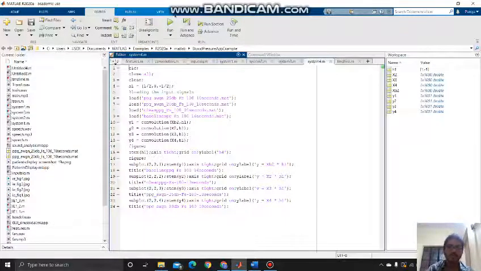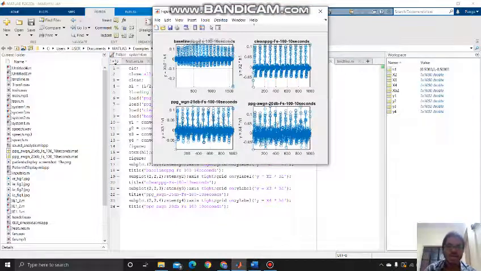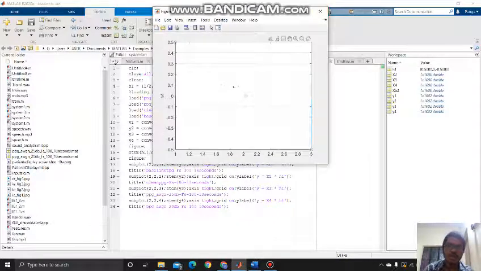Similarly for system 4, where the outputs are like this, again we can see that only high frequencies are passed. So this is also a high pass filter. This is the impulse response for system 4.